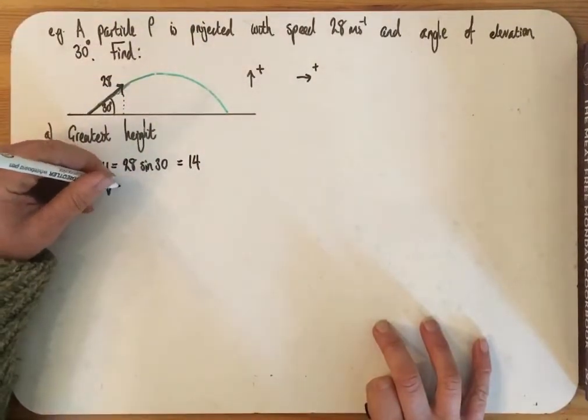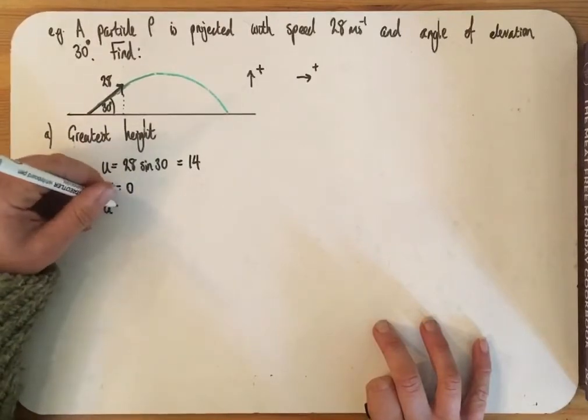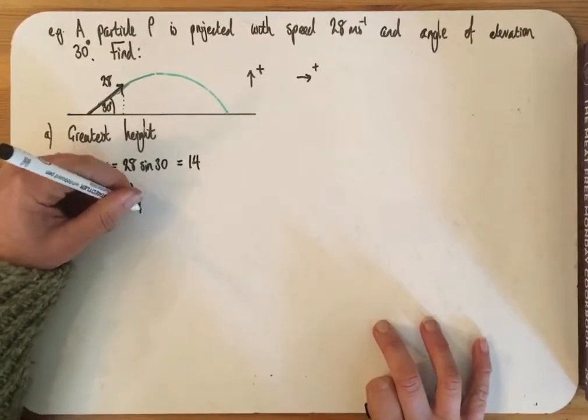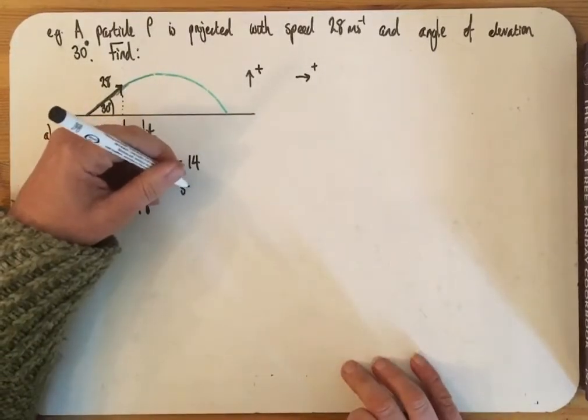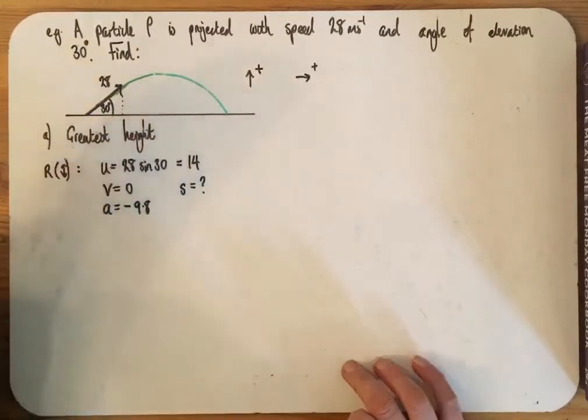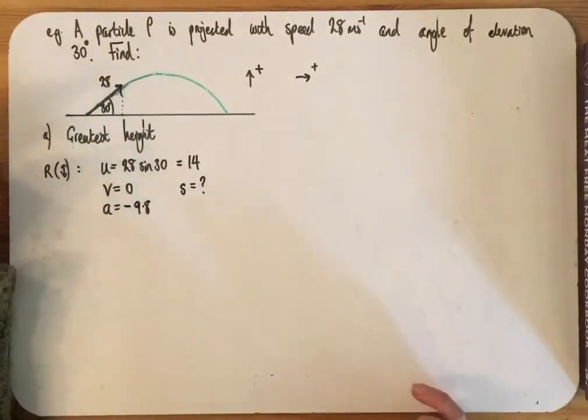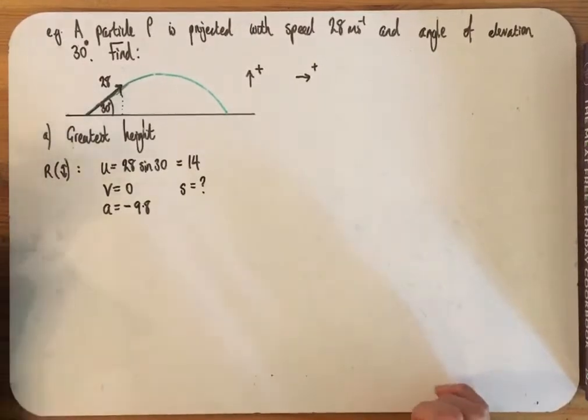So v is equal to 0. a is equal to negative 9.8. And we're looking for s. So just choose the appropriate SUVAT equation. They're all in your formula book. There's 5 of them if you need them.